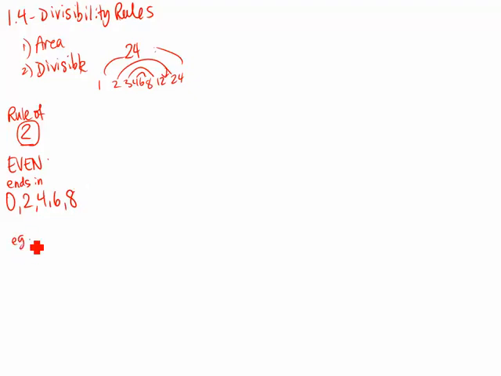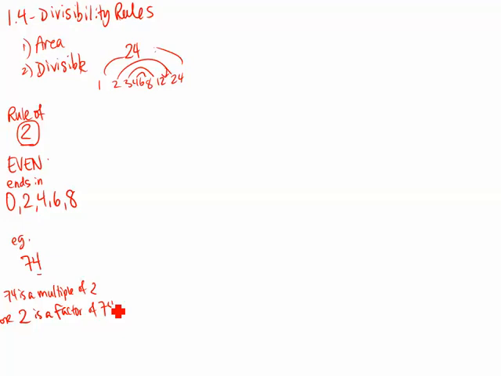So for example, the number 74 is a multiple of 2 because the last digit is an even number. So 0, 2, 4, 6, or 8. So we could say that 74 is a multiple of 2, or 2 is a factor of 74.